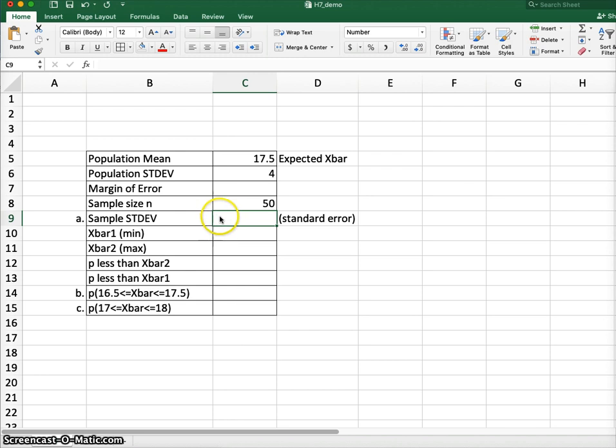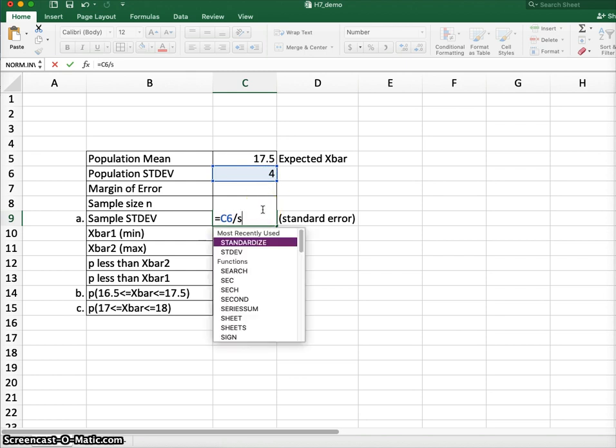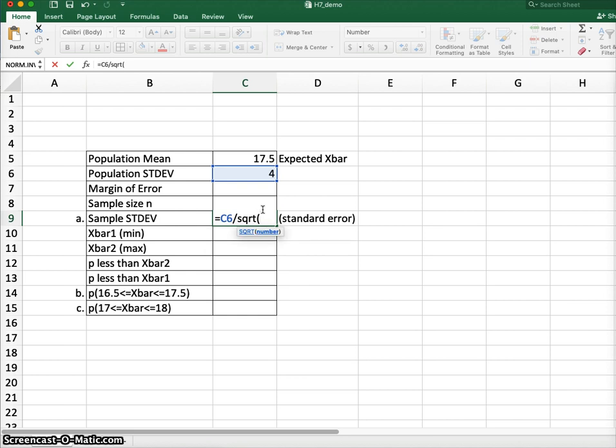If I know the sample size is 50 and the population standard deviation is 4, I can calculate the sample standard deviation, what your book calls the standard error. It's just the population standard deviation divided by the square root of the sample size, which is 50 in this case.